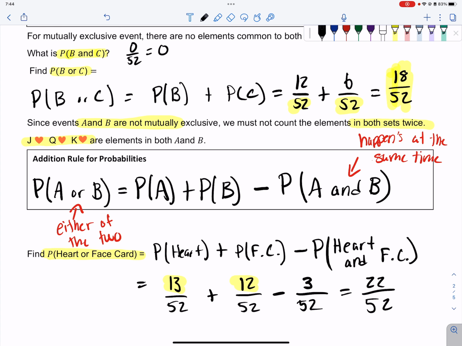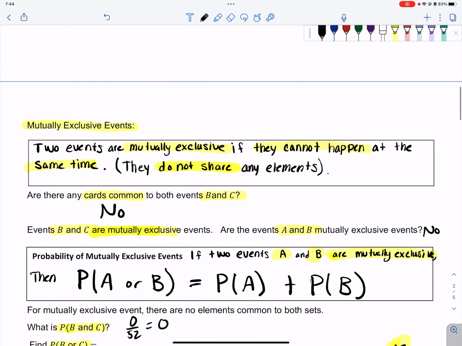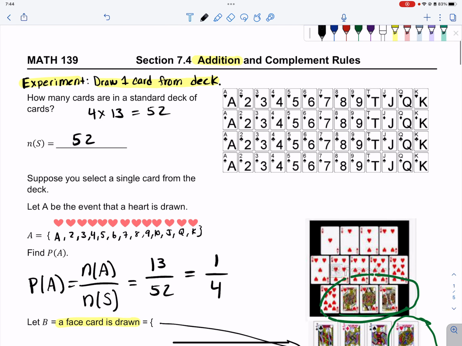Now, lastly, what I'm going to do is go back up to our picture of the deck of cards to work through this in a visual way, if that might help your understanding. I am going to highlight our hearts here in the top row of our deck of cards. It's those 13 cards at the top. And then I'm also going to highlight our Jacks, Queens, and Kings, our face cards. That's on the right side as our event B. Now I want the probability of either of these two events happening.